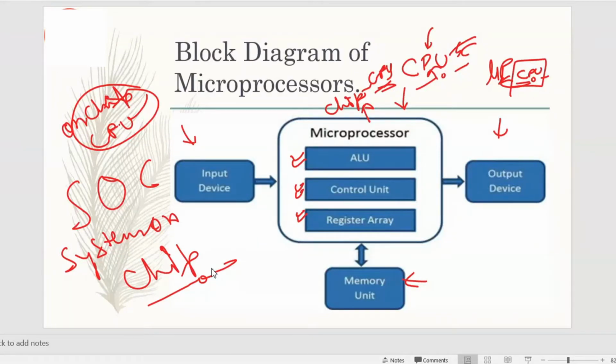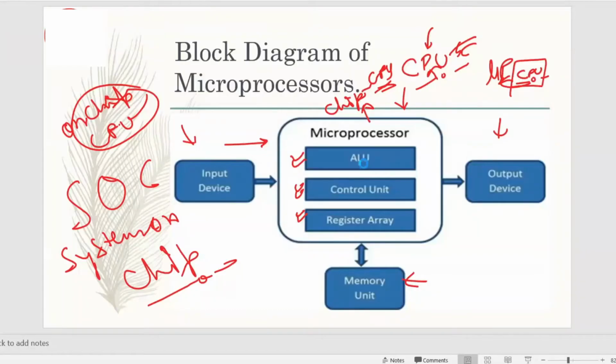All right. So let's go a little further. Is this diagram clear, or do I need to teach you again about this? This is how the input device sends a signal. The signal goes inside the ALU. ALU processes. Then it goes through the control unit.